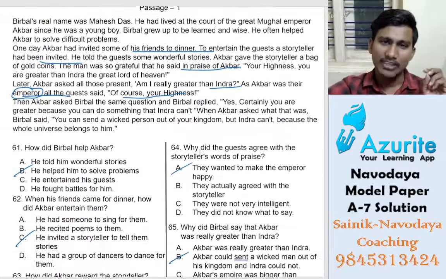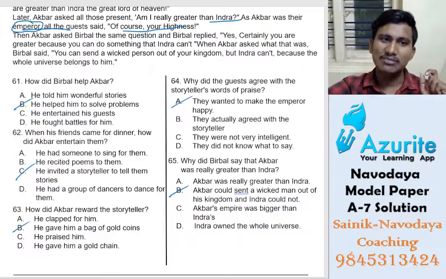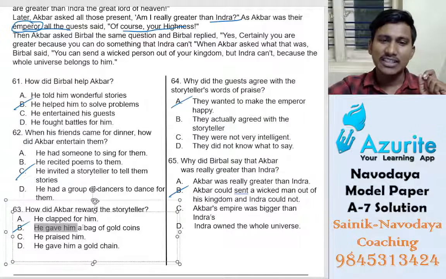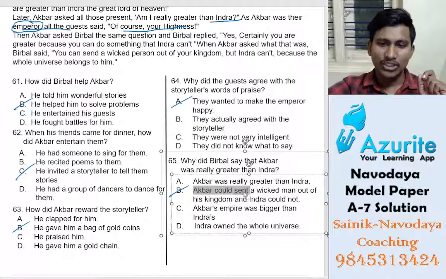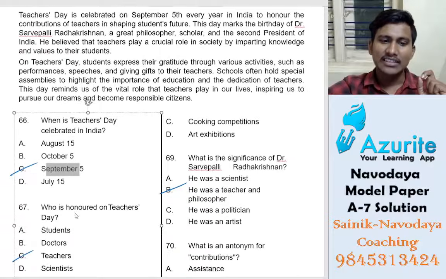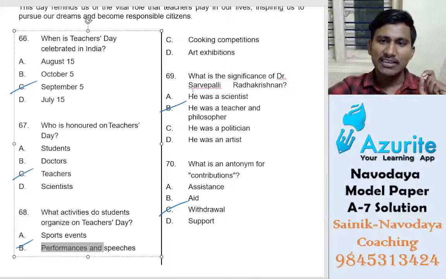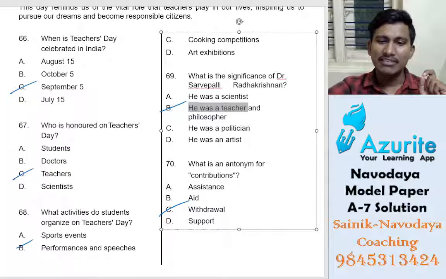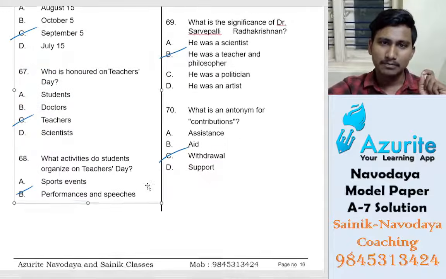So passage 1 answers are these. 61 is B, 62 is C, 63 is B, 64 is A, 65 is B. Okay, good. Next passage 2, let us see the answers. 66 is C, 67 is C, 68 is B, 69 is B, 70 is C. Now passage 3.